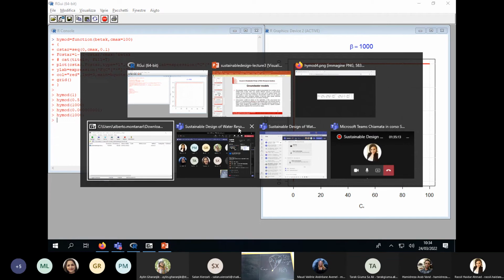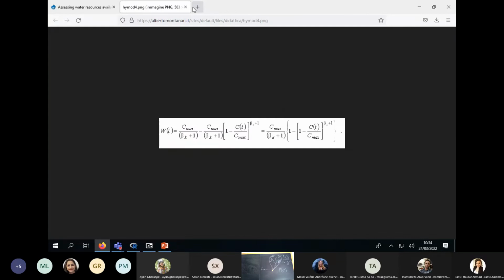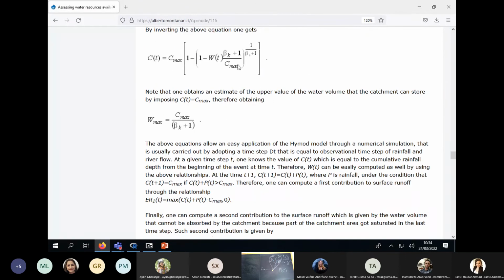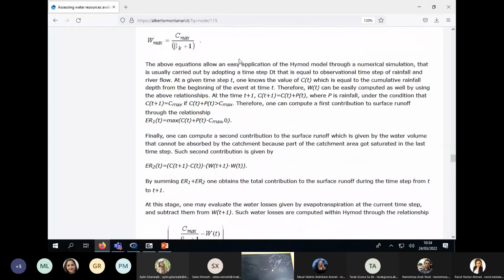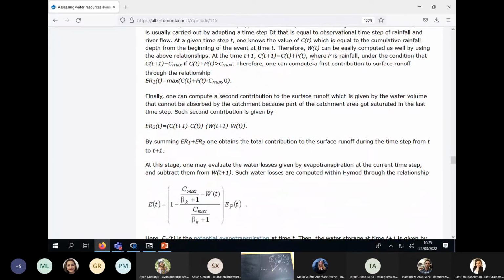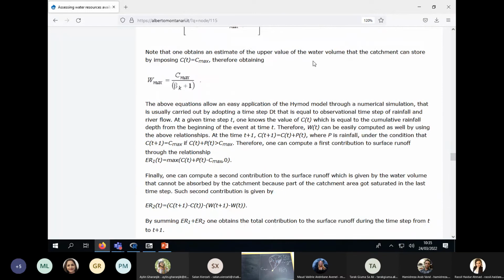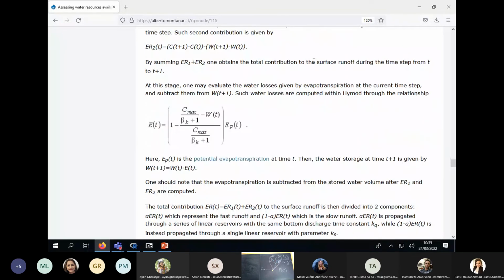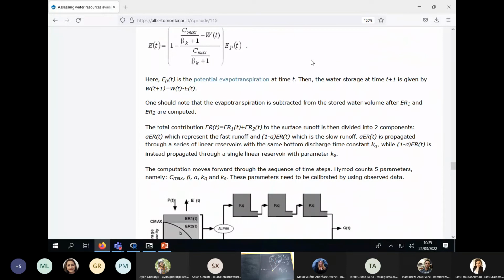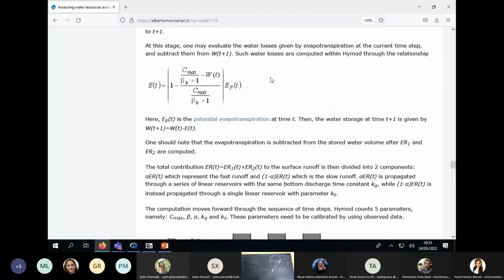Let me, before the code, give you this formula here on evapotranspiration.